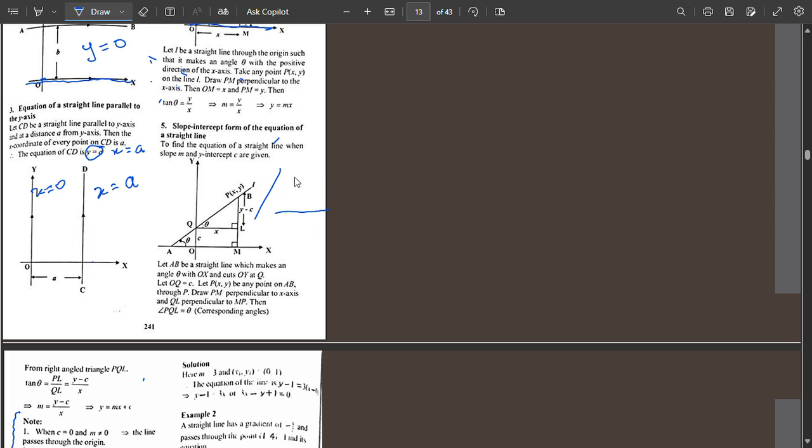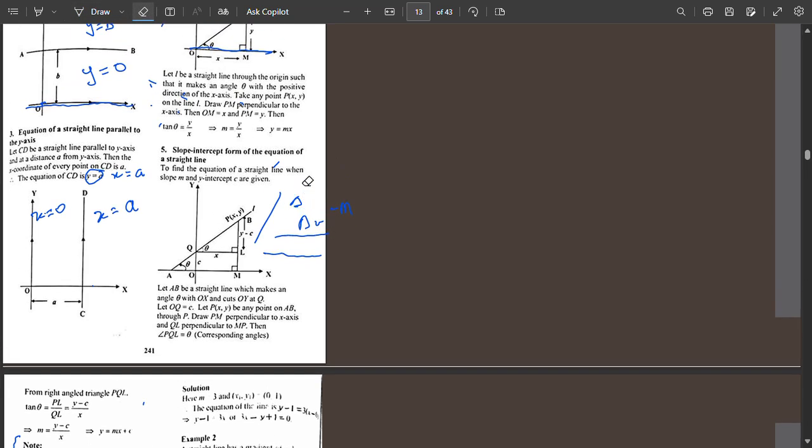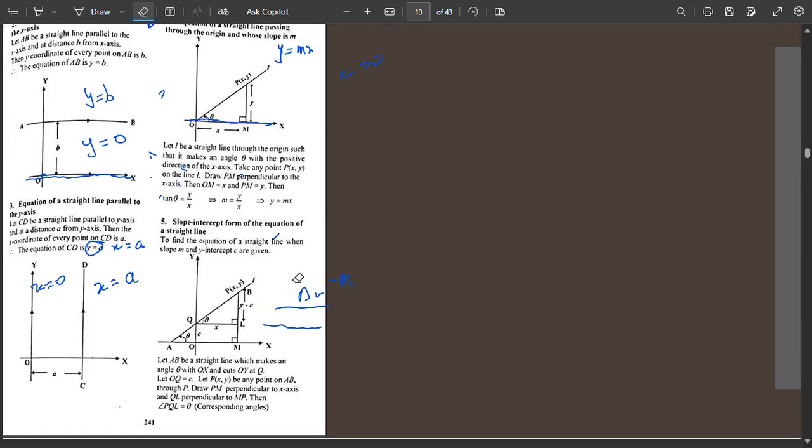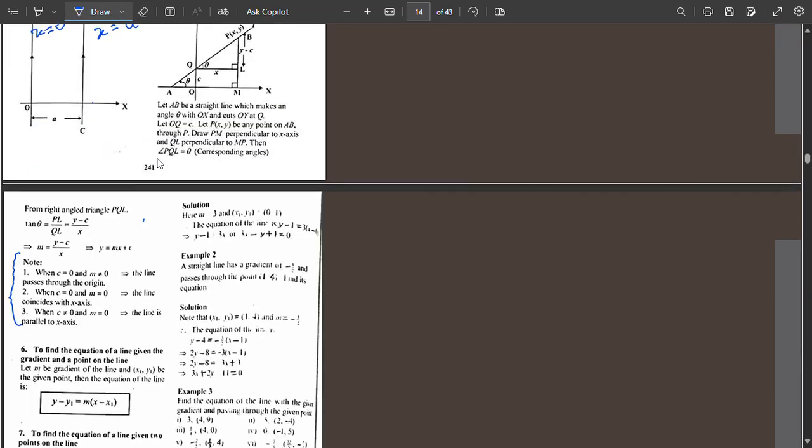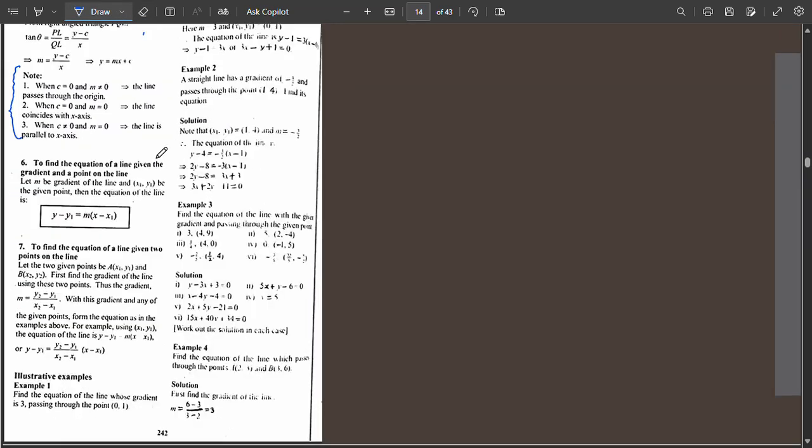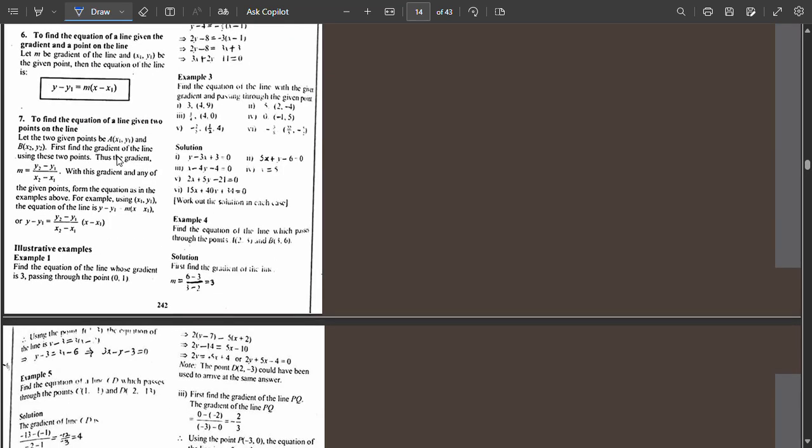Change in y over change in x is what gives us the gradient. If this is 0, the numerator is 0, so the y values don't change, and they lie on a straight line like this. Every horizontal line has gradient 0. These are points we should try to memorize, and they are easy to understand.